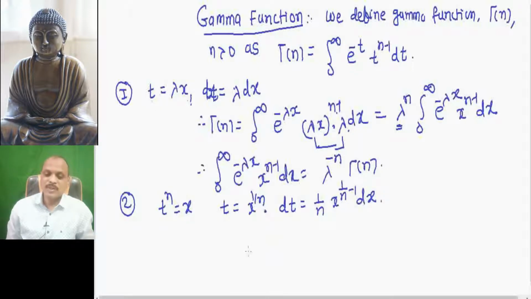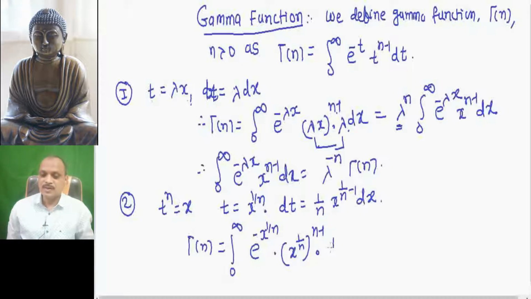Therefore gamma of n equals the integration from 0 to infinity of e raised to minus x raised to 1 by n into t raised to n minus 1, that is x raised to 1 by n whole raised to n minus 1, into dt, which is 1 by n into x raised to 1 minus n divided by n into dx.